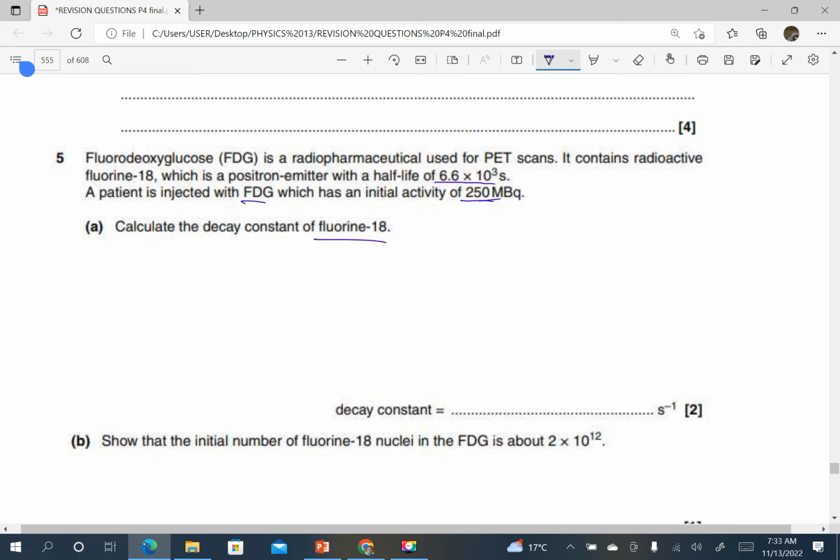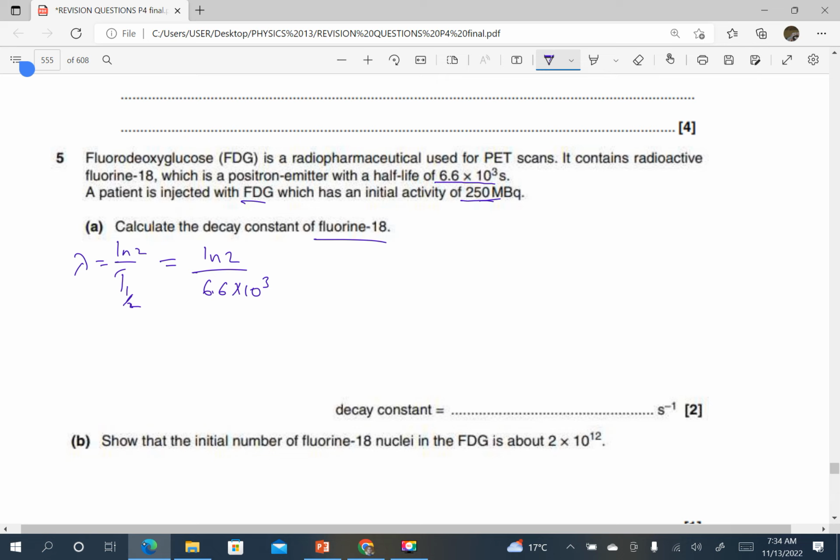Now this is in nuclear physics. Remember, decay constant is equal to ln 2 over T1/2, the half-life. So this is equal to ln 2 divided by 6.6 times 10 power 3.